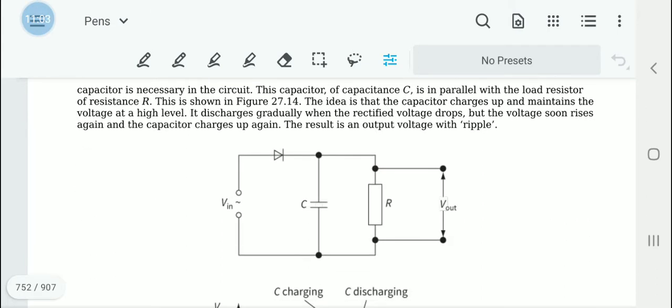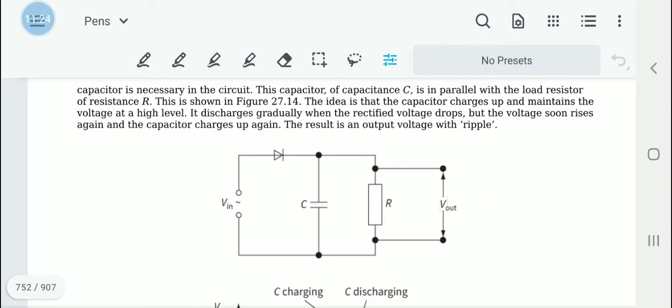When we say that the capacitor has a capacitance of C, it is connected in parallel with the load resistor of resistance R. So what happens is, the capacitor charges up and will maintain that voltage at a high level.